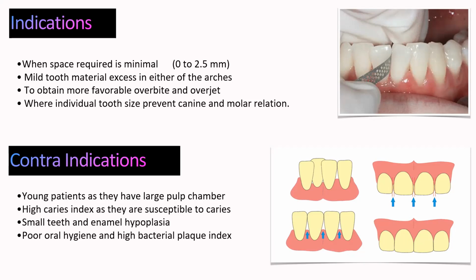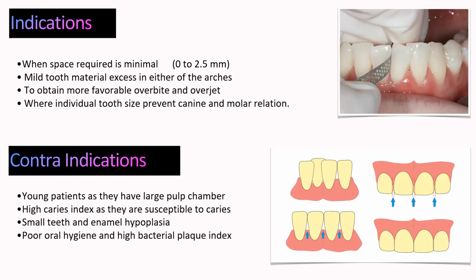Also in mild tooth material excess in either of the arches, or to obtain more favorable overbite and overjet, and where individual tooth size prevents canine or molar relation. So in these cases, you can perform proximal stripping or slenderization.